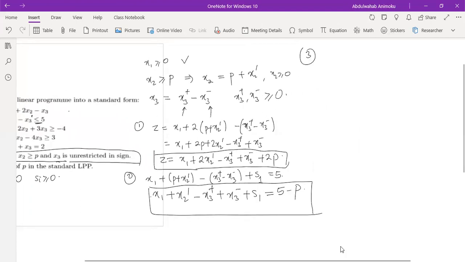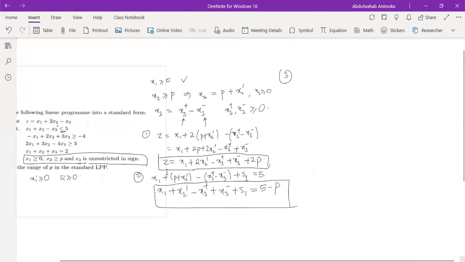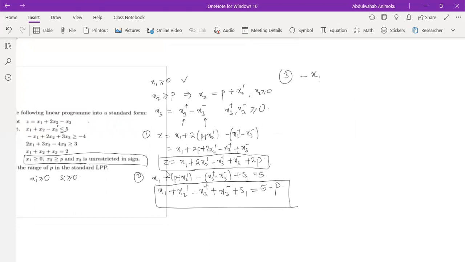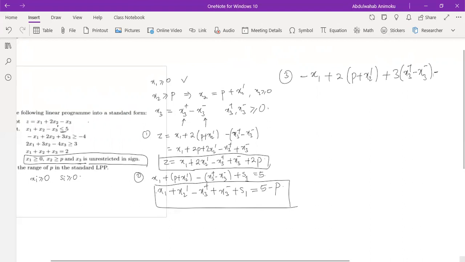Now on the third one, so what's the equation? For the third one, we'll have minus X1, good, plus 2X2, which is P plus X2 prime, plus 3X3, which is X3 plus minus X3 minus, greater than or equal to minus 4, which means our slack variable would have a negative sign, right?